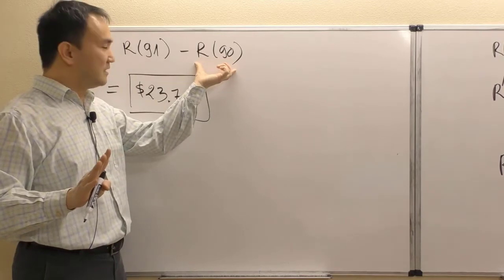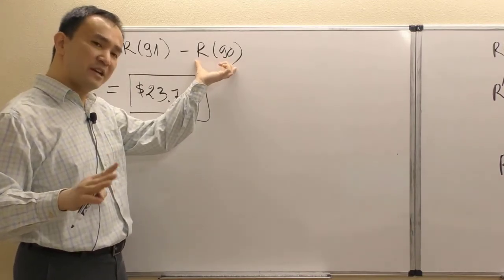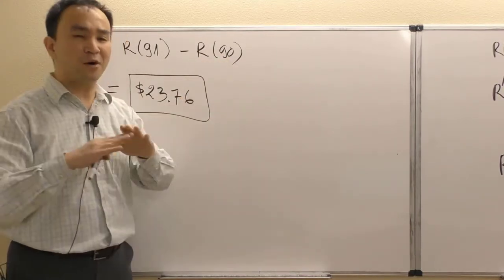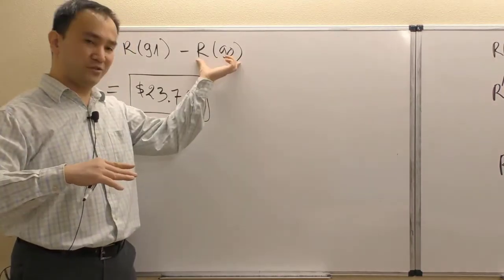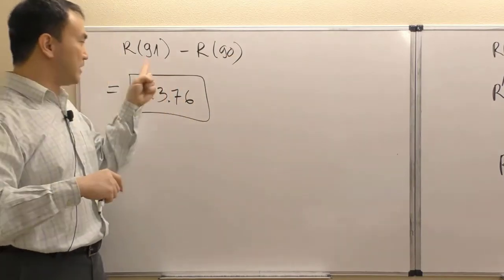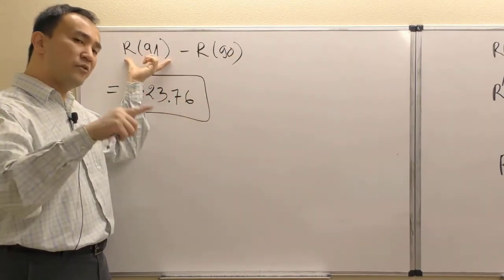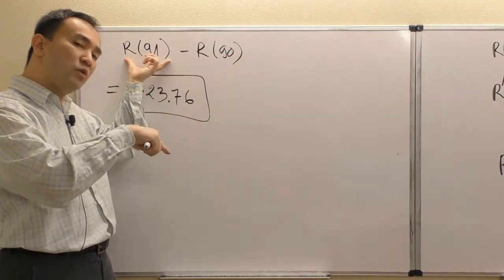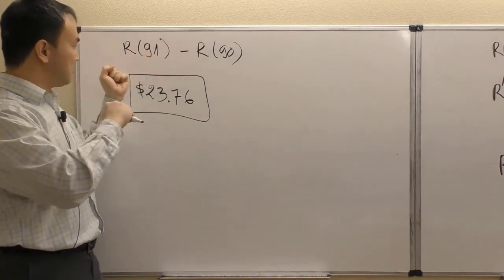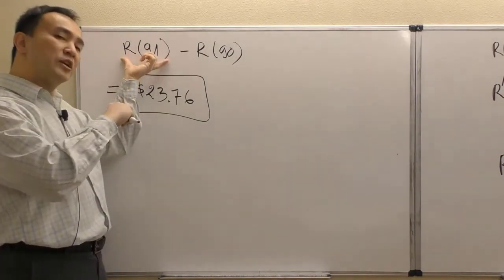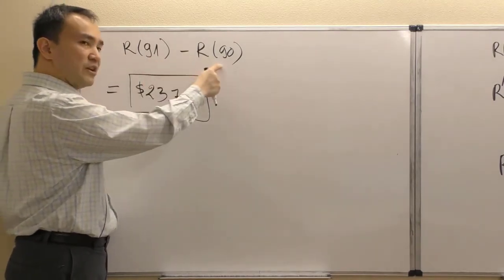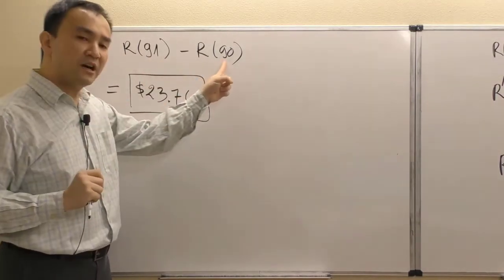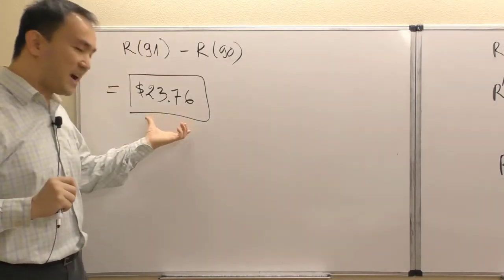Whatever the answer comes out to be here was the answer from part A. So part A was sort of a stepping stone step, to get this answer ready for you. And then all you do is calculate the revenue at selling 91 units. So this is a little bit new right here. Revenue when you're selling 91 units, subtract the revenue of selling 90 units. And that's how much difference.